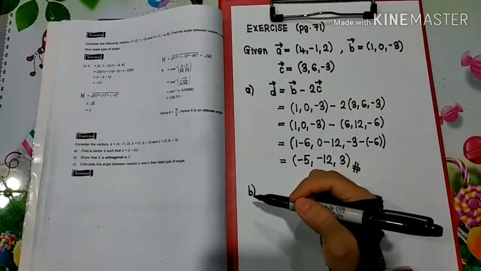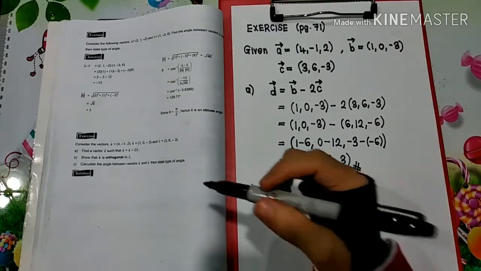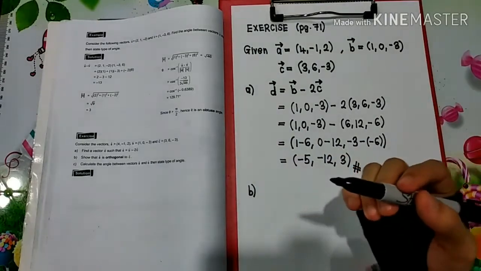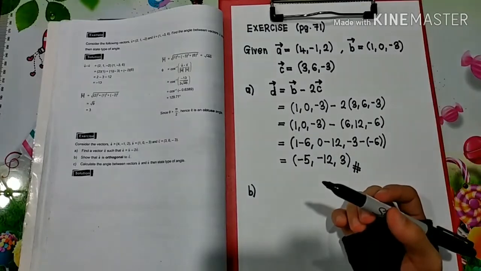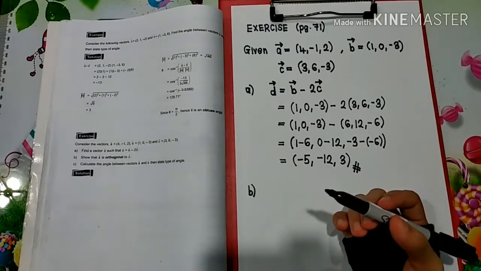For B, show that vector A is orthogonal to C. For this one, how do you show that two vectors are orthogonal? Remember, I just said just now, if you want to show whether two vectors are orthogonal or not, you use the dot product.